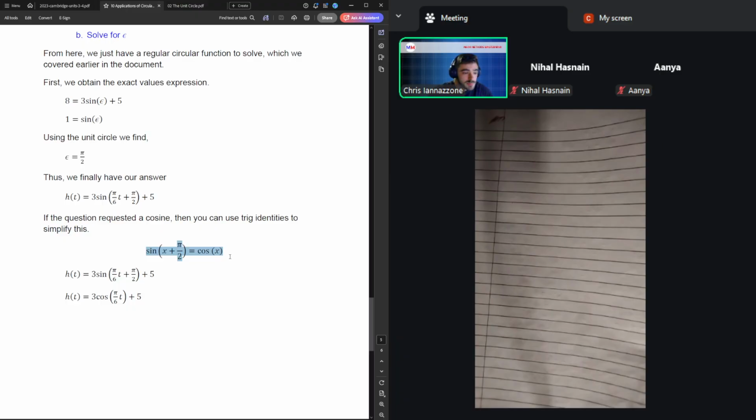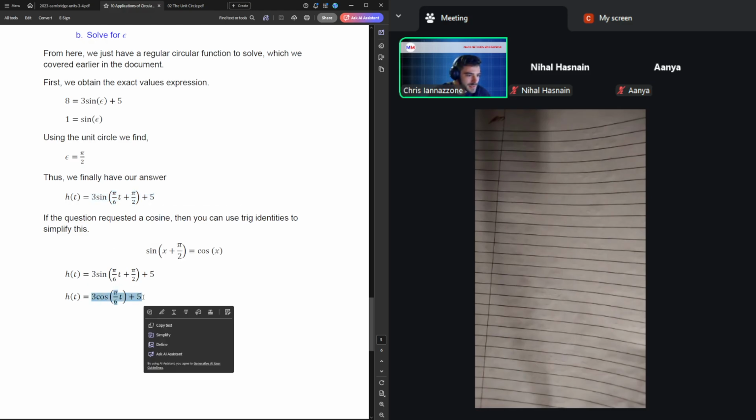One you could potentially use is the fact that when you have pi over 2 added onto sine x, it can become cos. All that to really highlight that this is functionally identical to this.